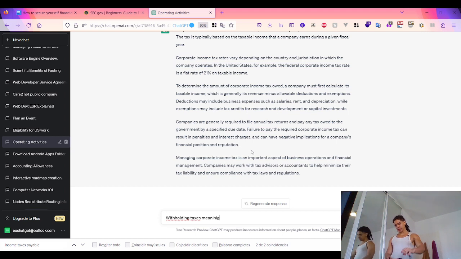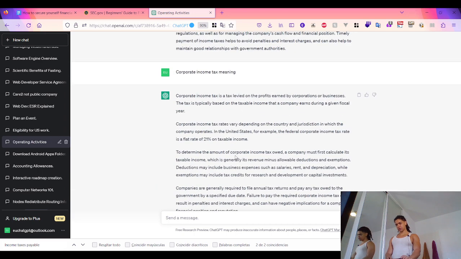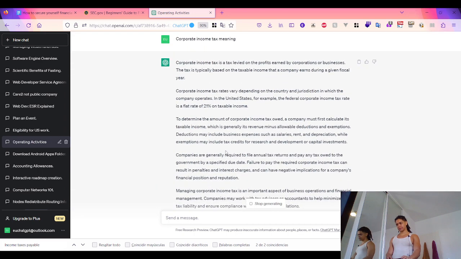Companies may work with tax advisors and accountants to help minimize the tax liability and ensure compliance with the tax law. So, in other words, corporate income tax is a tax on the profit earned by a corporation or business, and in the United States it is a flat rate of 21% on taxable income.